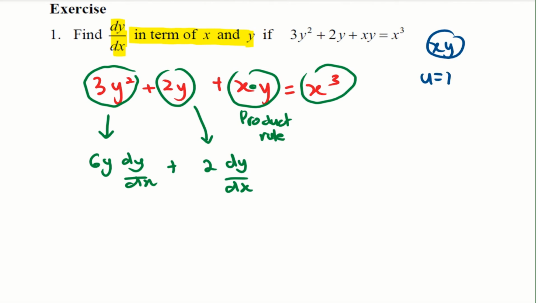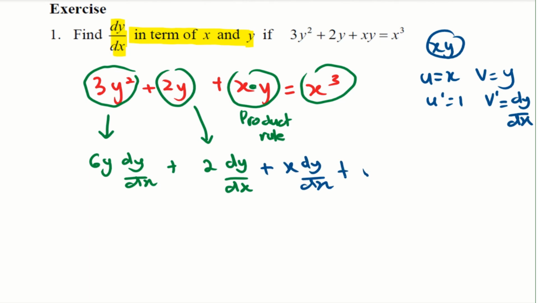So let u equals to x, v equals to y. So u prime equals to 1, v prime equals to dy dx. So then plus x dy dx plus y multiplied by 1 and then equals to 3x square. So yang ni kita differentiate x cube, we get 3x square.